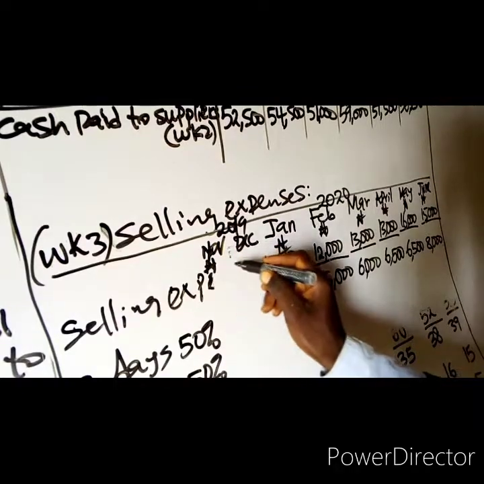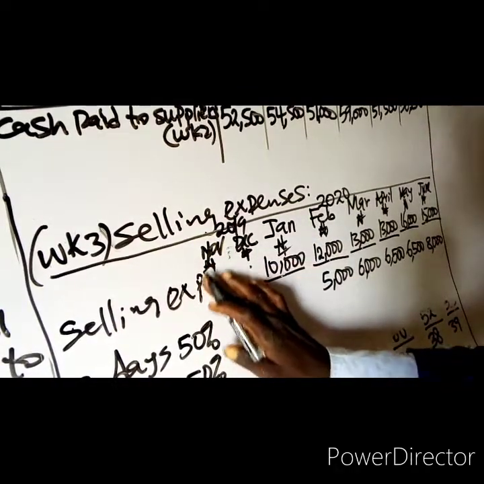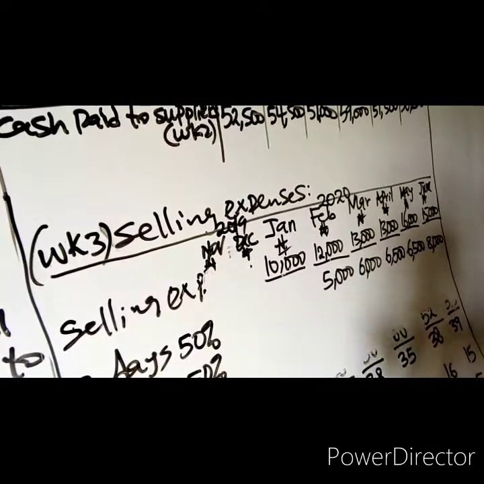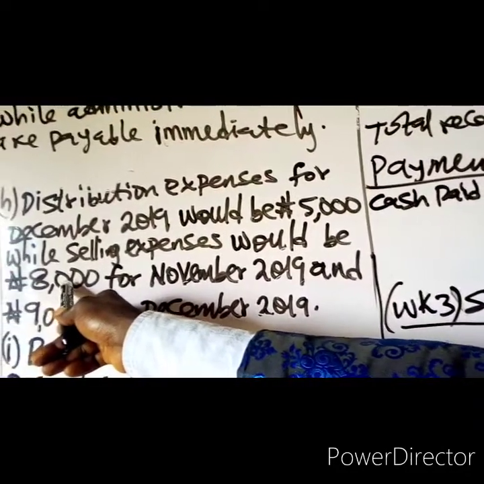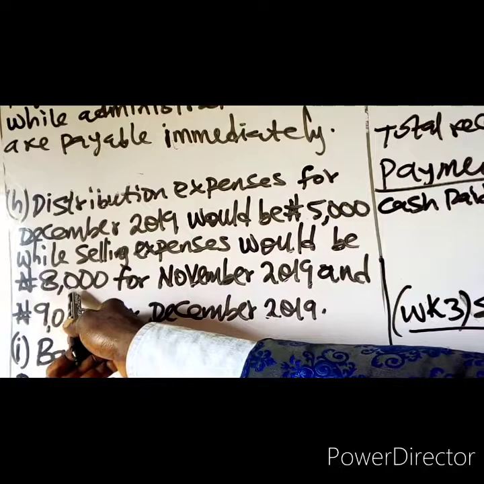So the amount of selling expenses, you have been told the one for November 2019 is given to be 8,000, and that of December 2019 is 9,000.